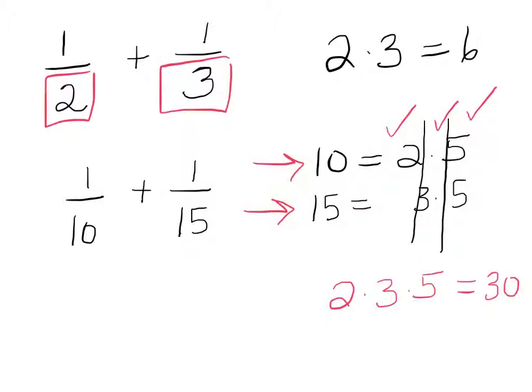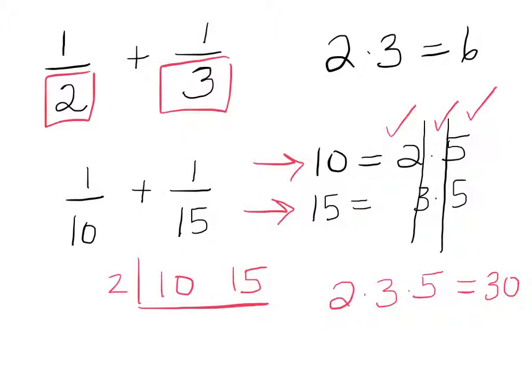Now, a lot of you can figure out that 10 and 15 both go into 30, so you probably don't even use that process when you get a common denominator. It's not going to be as easy when we've got variables, so you have to have a process that you can use. That's why I also showed you the table last night. So I could keep dividing by a series of primes.